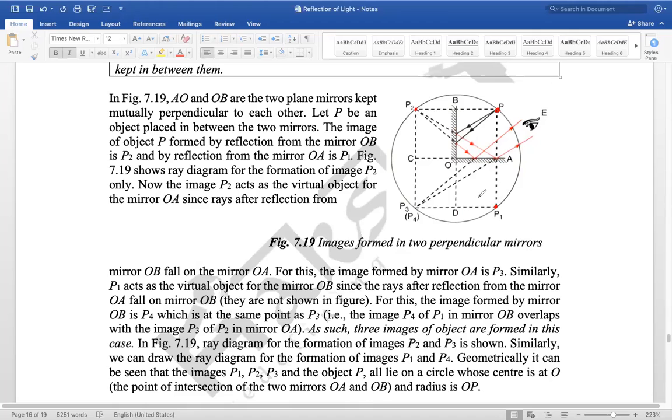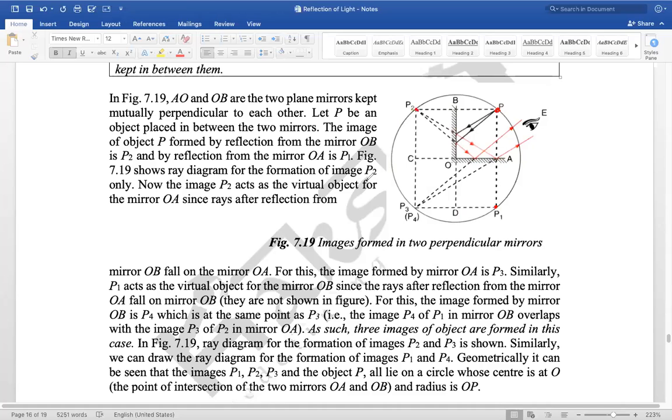Figure 7.19. So figure 7.19 shows ray diagram for the formation of image P2. नाउ बाय सो हम लोग को बस ये P जो इमेज बन रहा है ना उसी का रे डायग्राम बना के दिखाया गया है. Now the image P2 acts as a virtual object for the mirror OA since rays after reflection from the mirror OB fall on the mirror OA.